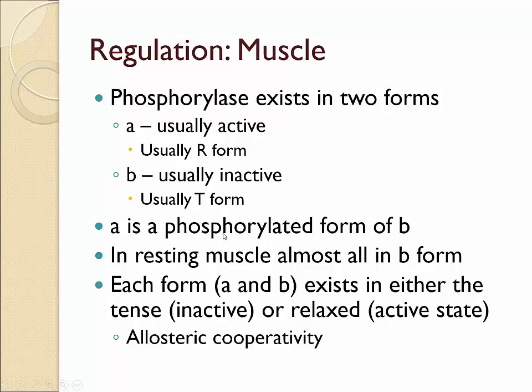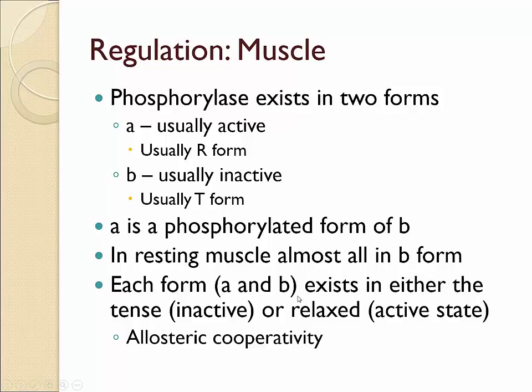If phosphorylase is not phosphorylated, it is found in the B form. Okay? The B form is usually inactive and is called T. So the B form is the non-phosphorylated form, and it is usually inactive and usually found in the T state.